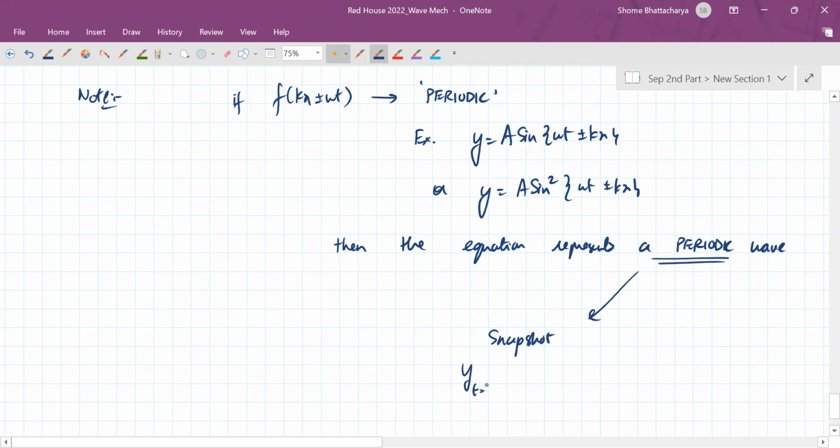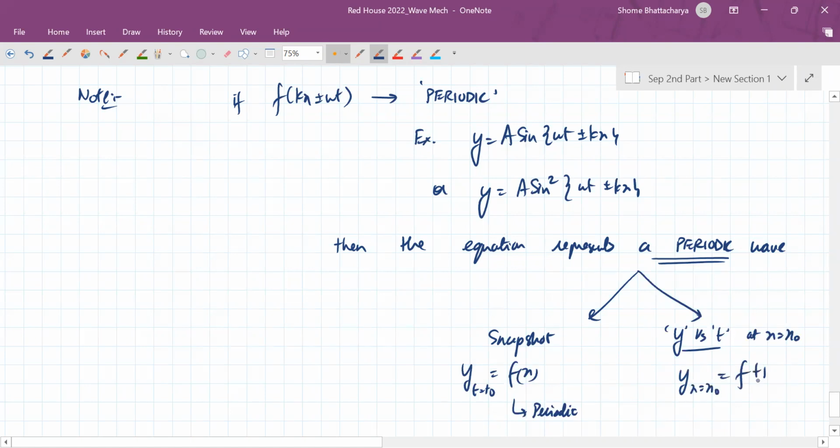So what this periodic wave business means is that if you look at the snapshot picture, y at a particular time is a function of x where f is periodic. Okay. Or if we look at the y versus t at x equal to x naught. So y at a particular position is a periodic function of time.